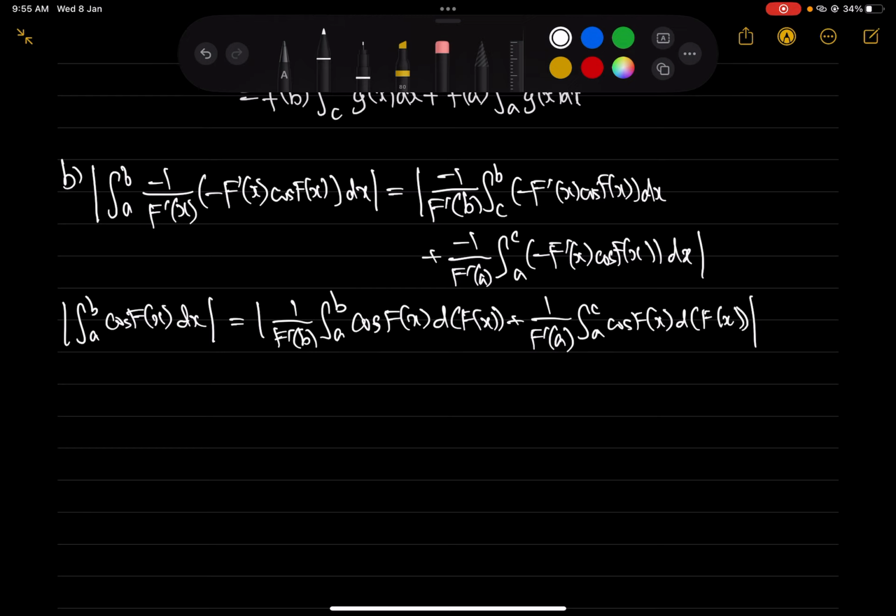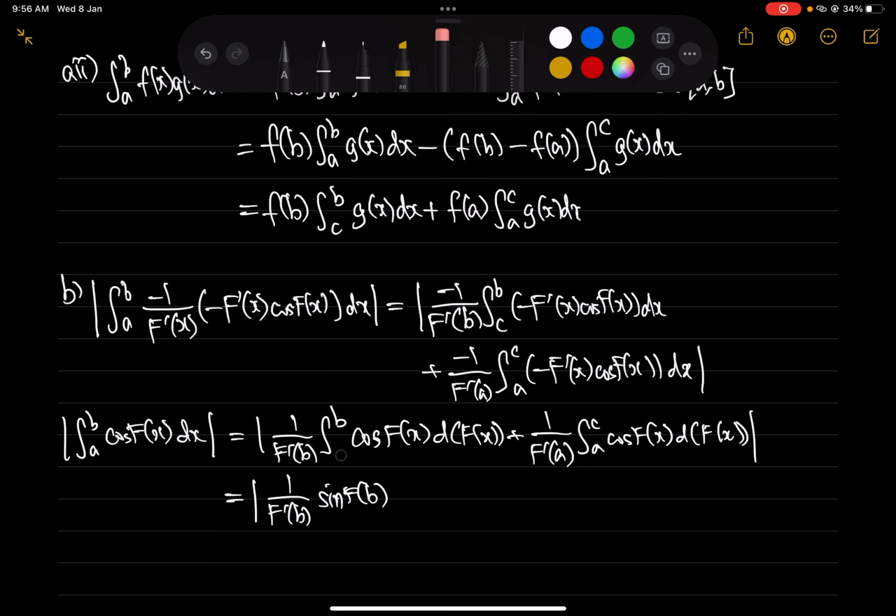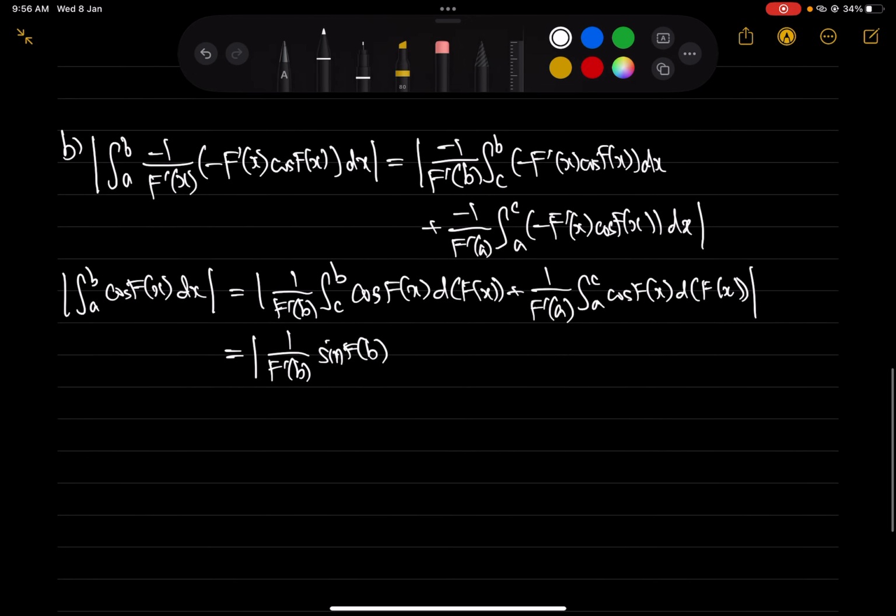And now it is simple because we have 1 over f prime of b, and then that's just sine fb, and that should be a C, and then minus 1 over f prime of b sine of fc plus 1 over f prime of a sine of fc minus 1 over f prime of a sine of fa, absolute value.